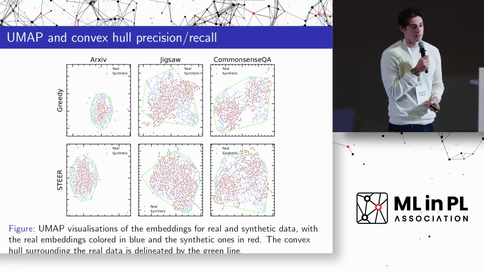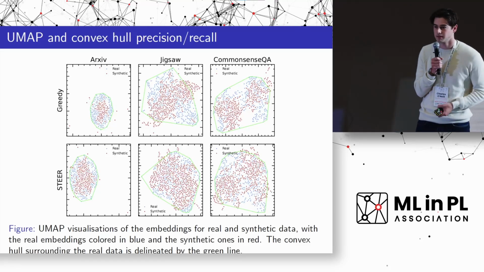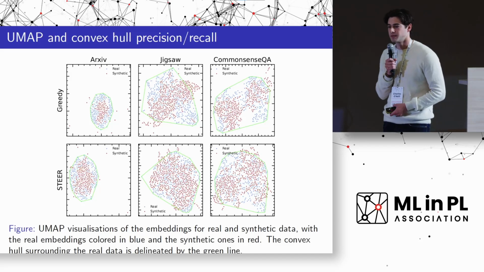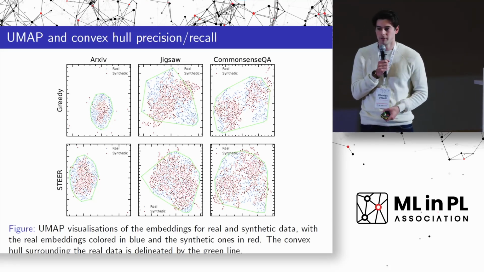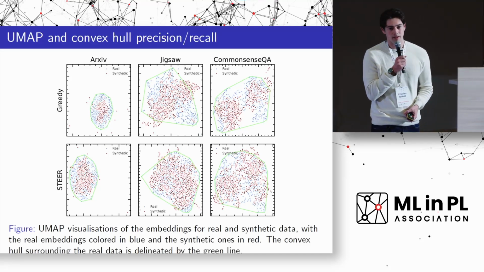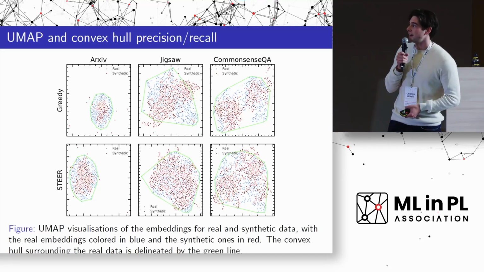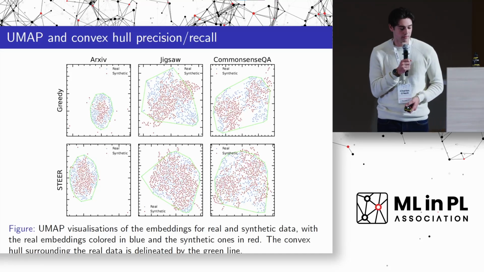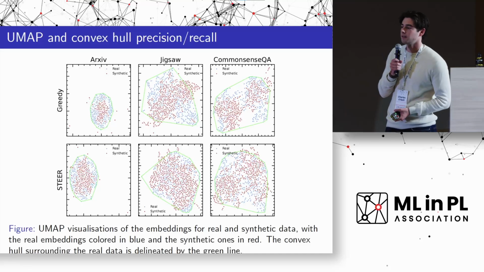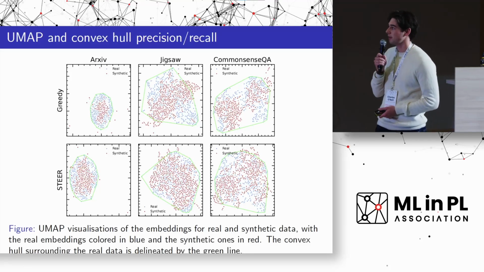This is perhaps not as rigorous, but I think this is a cool way to visualize what's going on. If you embed the real and synthetic examples and then do dimensionality reduction, you can look at how the real and synthetic data sets align. And yeah, it's perhaps a bit hard to see with those small dots, but definitely with STEER as compared to greedy, our distributions are much more aligned.